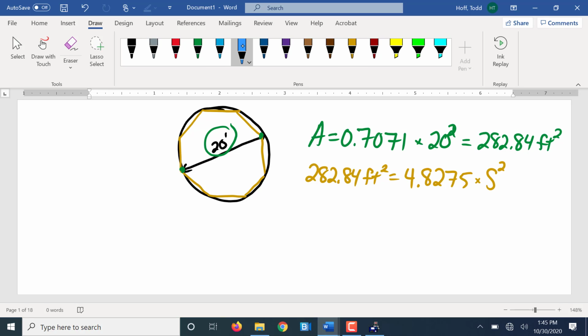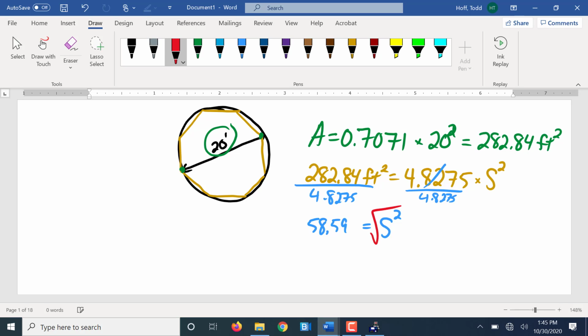There you go. Yep. Which gives us 39.95 or so is our side squared, and then square root it. Yep. So 7.65 feet on the length of the side. That's not bad.